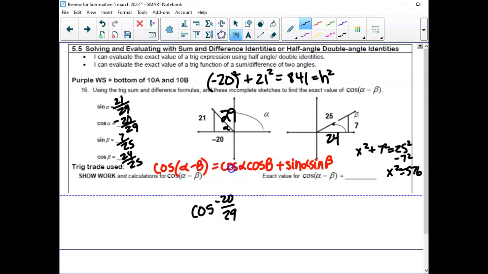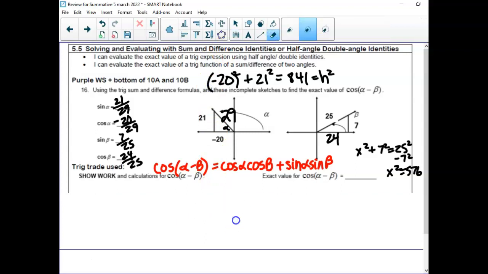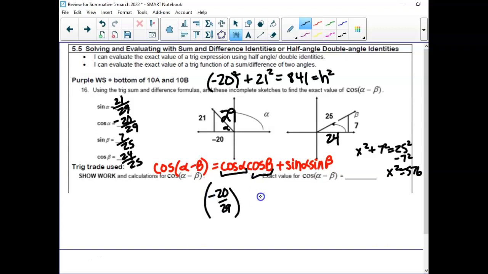They want to put the function in for just the theta. Okay, that's not right. The whole thing is being replaced. Don't confuse yourself, okay? Cosine of alpha is negative 20 over 29. Then cosine of beta is 24 over 25.